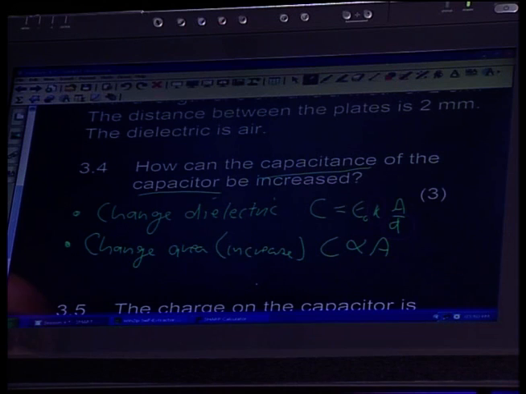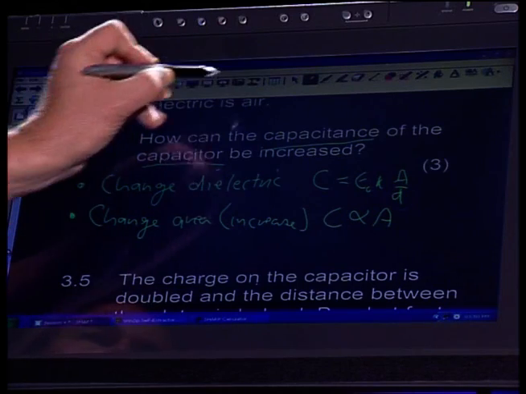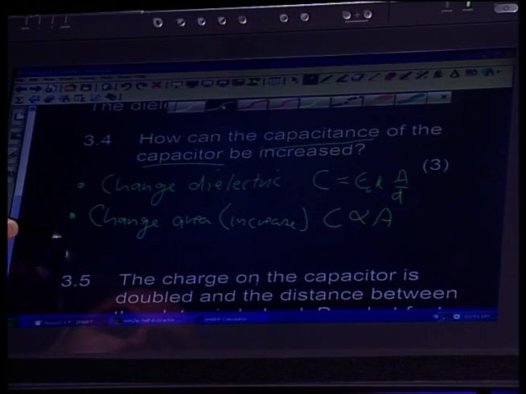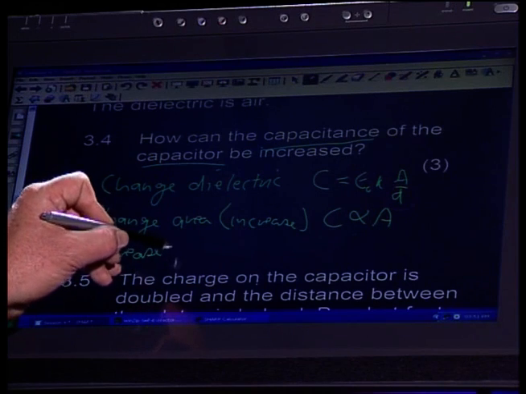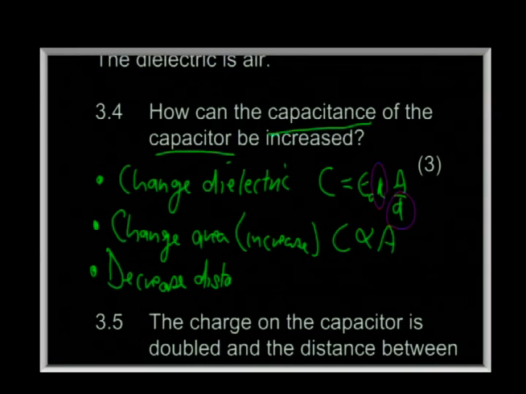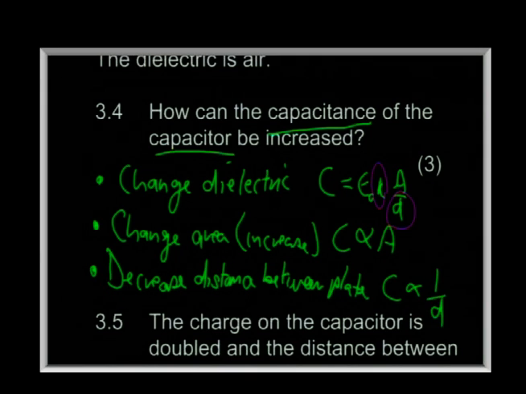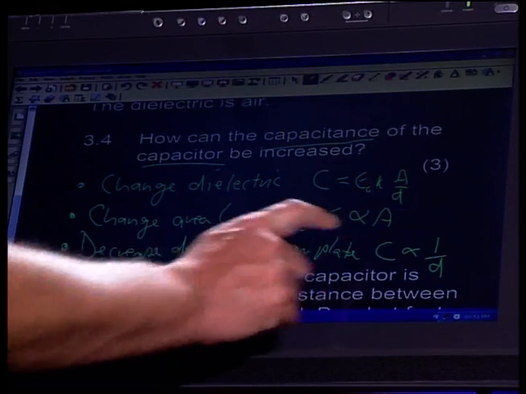If we decreased the distance, so if we brought the plates closer together, decreased the distance between the plates, then you're automatically going to increase the capacitance, because what we know is C is directly proportional to 1 over D. So if you halve the distance, you're going to double the capacitance.